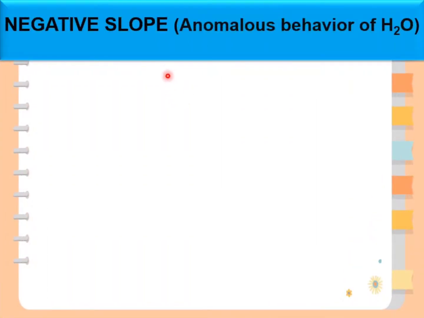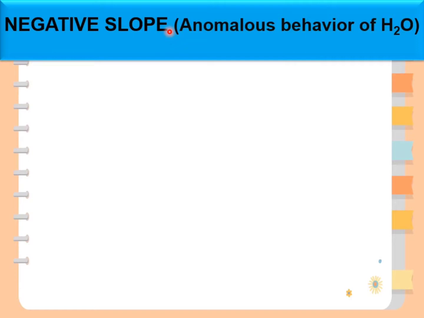Okay, why is H2O negative slope? So this is the anomalous behavior of H2O. Biasanya kalau yang realitinya, most of the solid akan tenggelam di dalam air. Tetapi H2O lain kelas. Kalau awak ada ais, okay, dan juga air, awak letak ais dalam air, what happen?